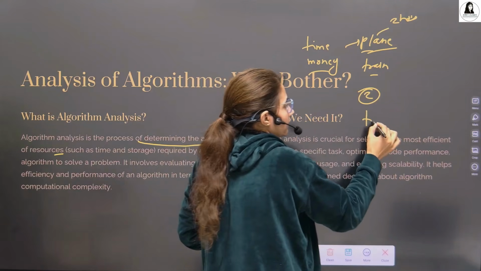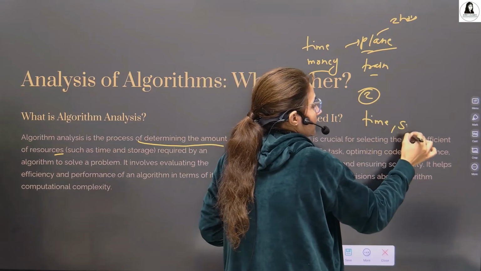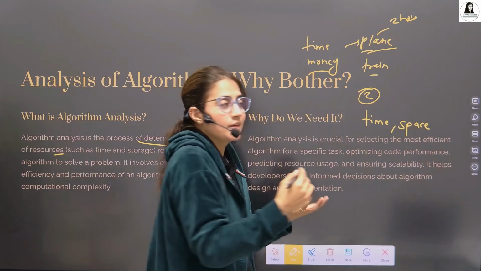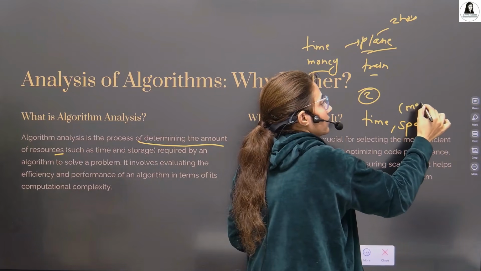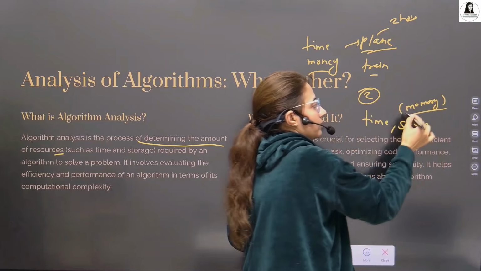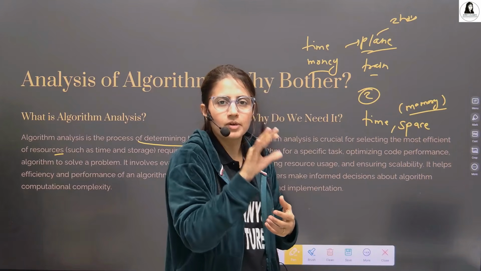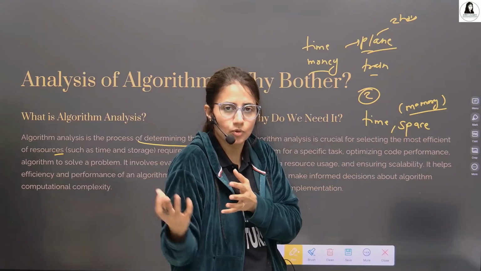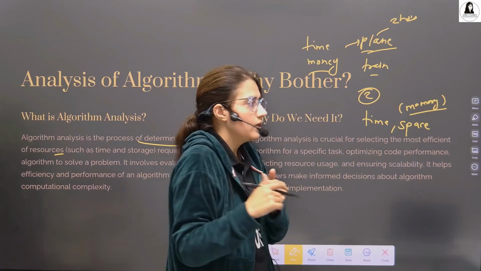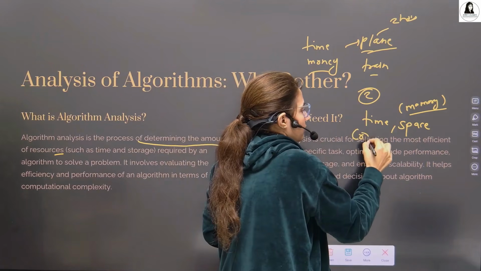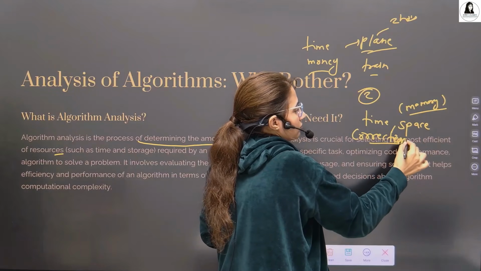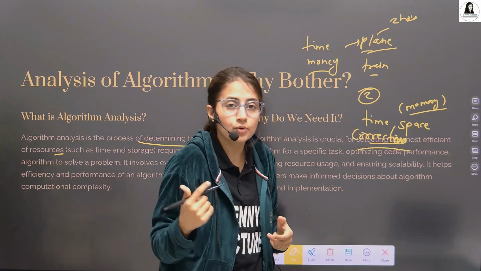Like we have time and space: how much time is required, and space, or the memory. Space means the memory required to execute that algorithm, the memory taken by that program or algorithm during execution. Correctness is also there: whether that algorithm or approach will give the correct output every time for every input.